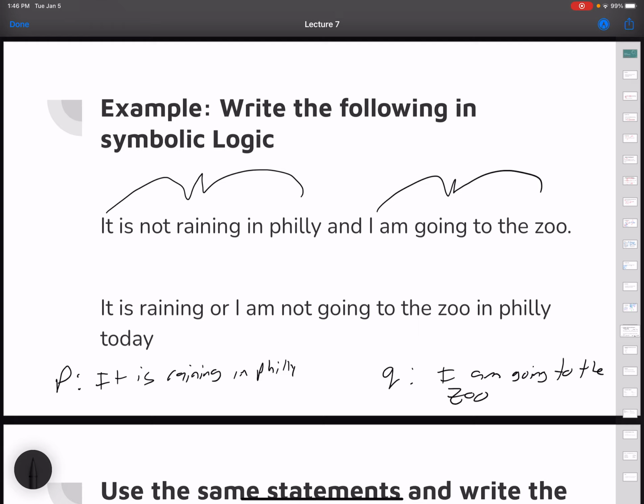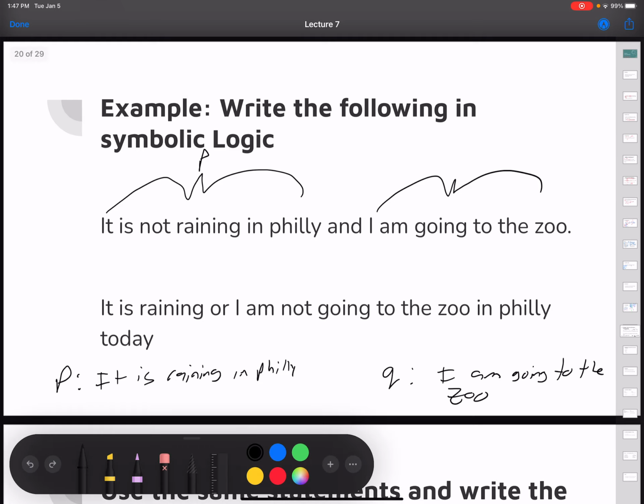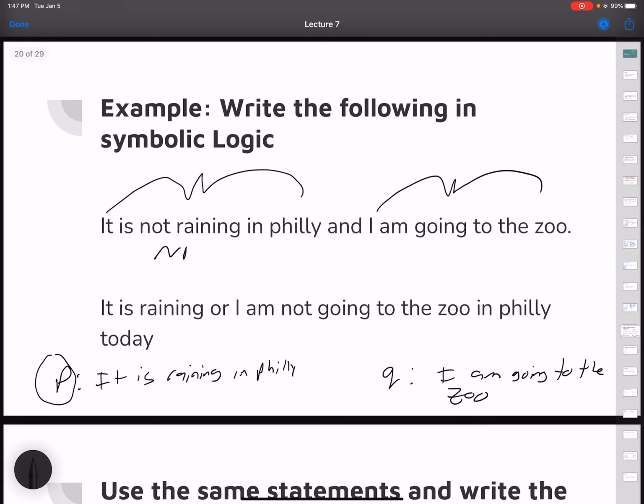So now writing it in symbolic logic, we have this is P and this is Q. Well, they come from those. I'll erase that to avoid confusion. It is not raining in Philly is going to be not P. And then we have an and. Remember what and is. And is the caret symbol.